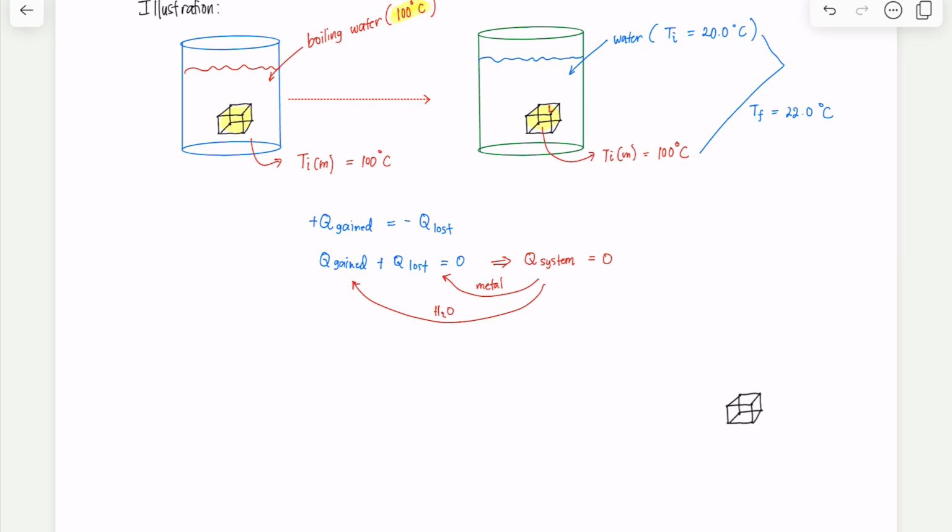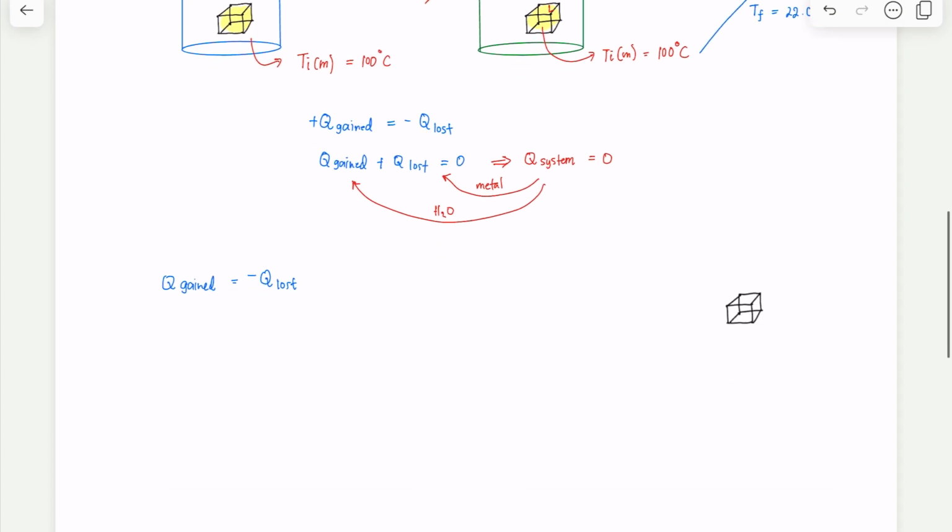So basically, as I've said, the Q that is gained is equal to the heat that is lost. The negative there simply implies that heat is lost. Oh, I can't erase this one. I don't know why that is the case. But anyway, the Q gained in this case is just the Q of the water, since water gains heat.